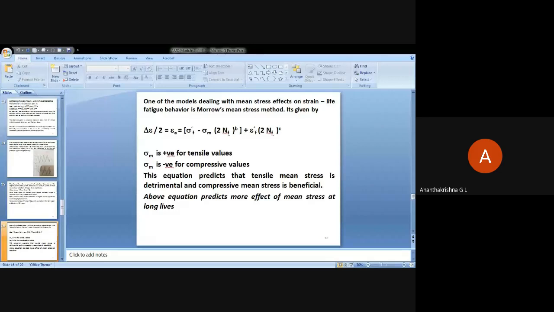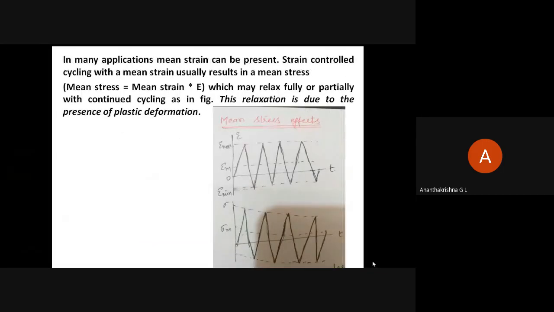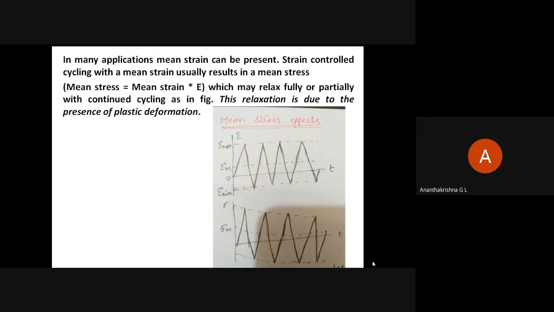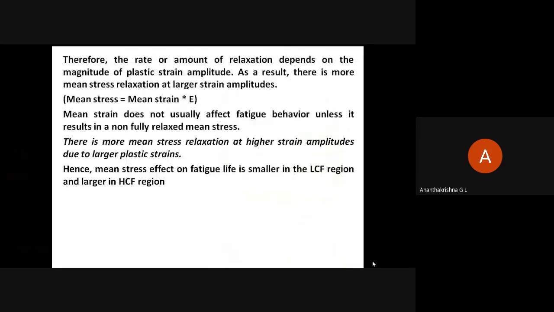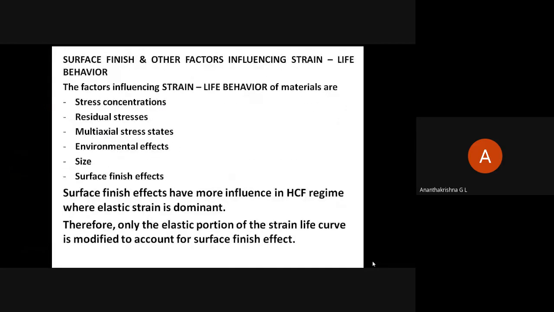That is for the question on mean stress effects on strain life. We need to discuss mean stress relaxation and the mean stress effect on strain life, and write about this up to the SWT parameter.